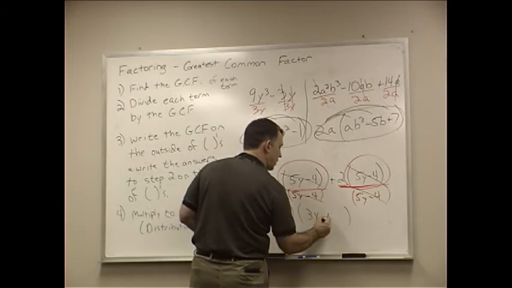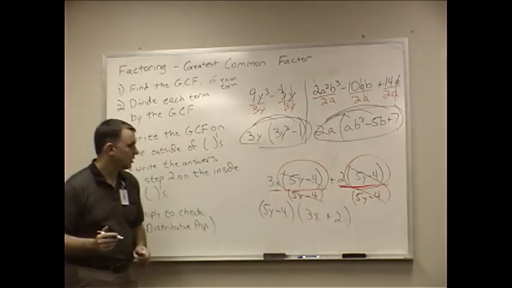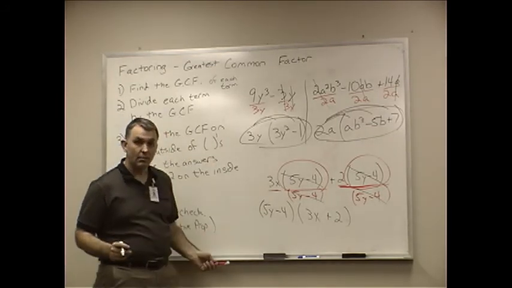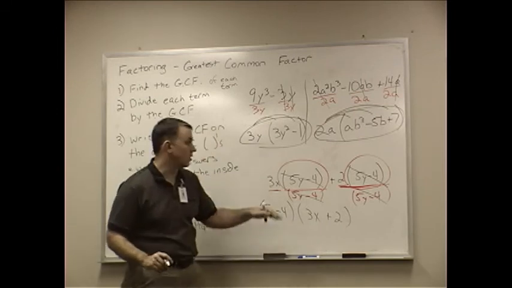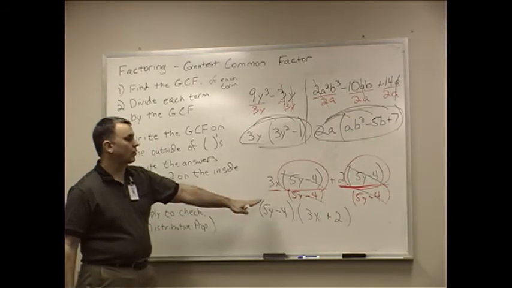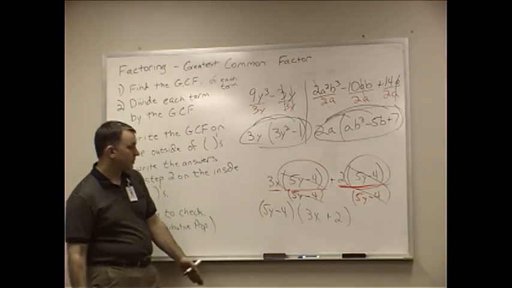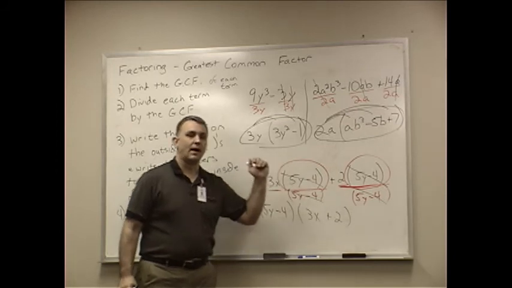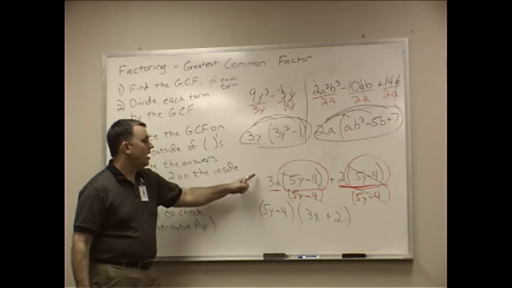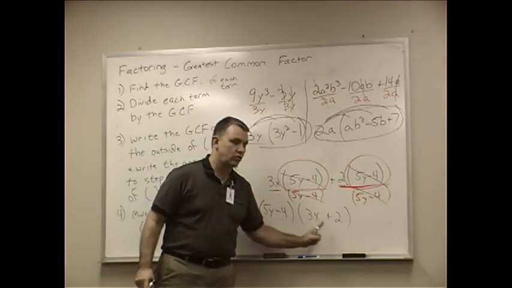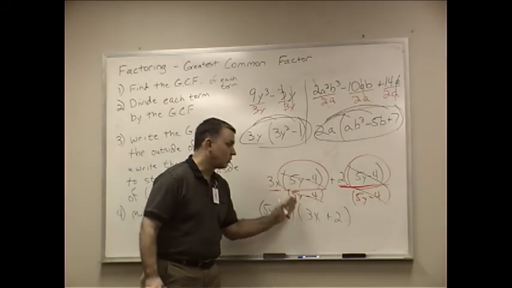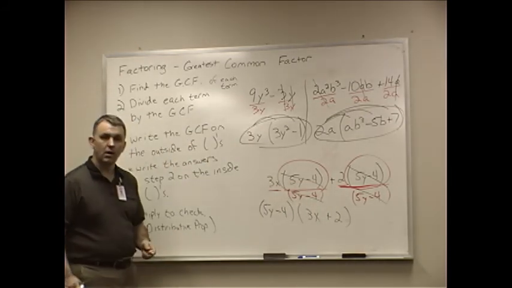It's going to leave me with plus 2. I really followed exactly the same steps here. I found the greatest common factor. They both had a 5y minus 4 in common. So I wrote that out in front of the parentheses. I divided both sides by 5y minus 4. Now the 5y minus 4 nicely cancel. And I was left with 3x and 2, so I wrote 3x plus 2. Those are my answers to step 2, so I put those in parentheses, and there we go.